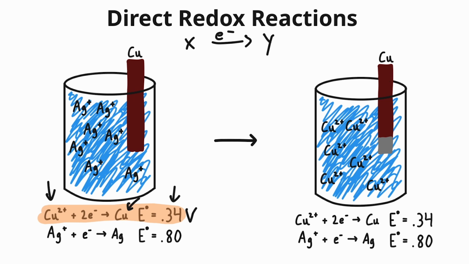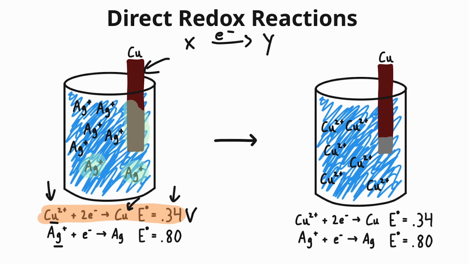So we have a situation here where we have silver ions in solution, and they are in direct contact with this copper metal strip. And then we are given the reduction potential for both copper ions and silver ions. Since we're dealing with solid copper instead of copper ions, you want to be asking yourself, can this solid copper hold on to its electrons?